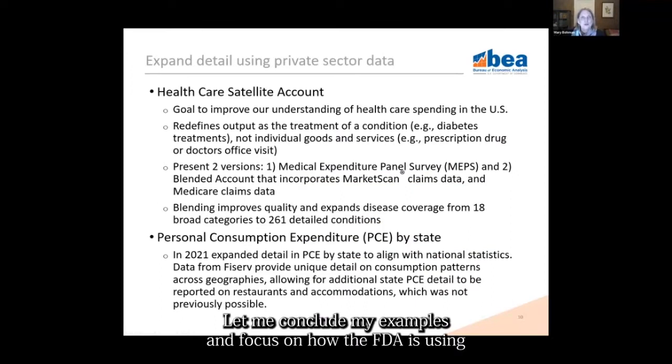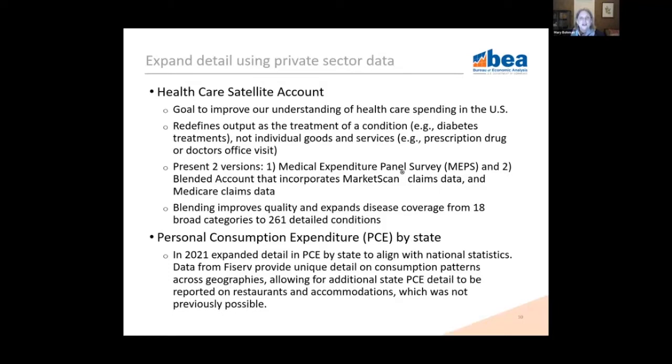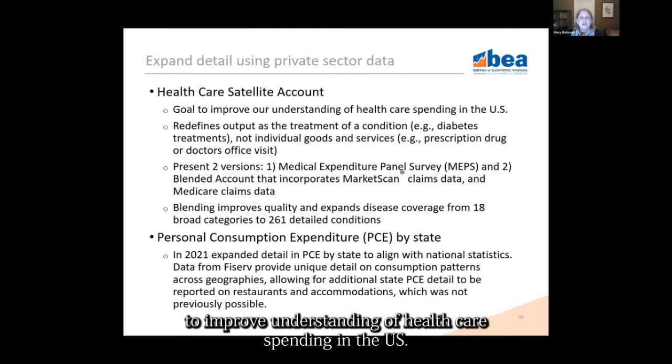Let me conclude my examples and focus on how BEA is using high frequency private sector data to expand the detail in our statistics. The first example is BEA's healthcare satellite account, which has the goal to improve understanding of healthcare spending in the US.